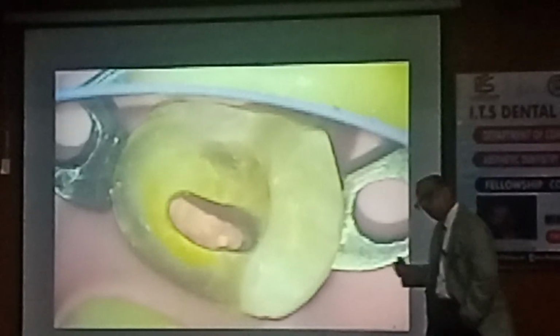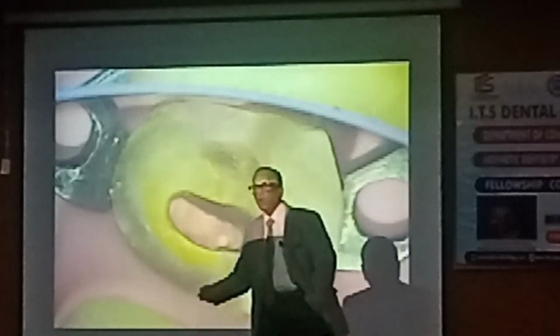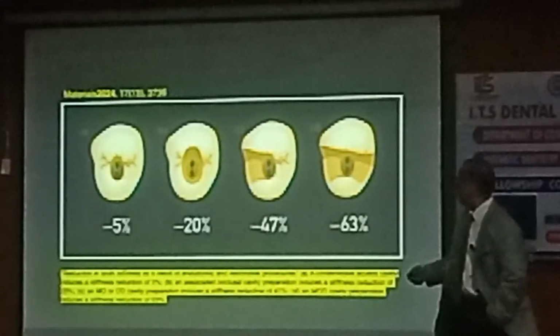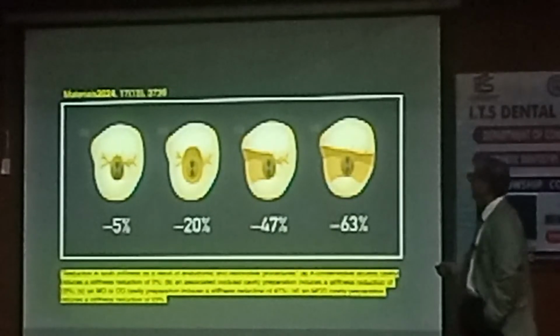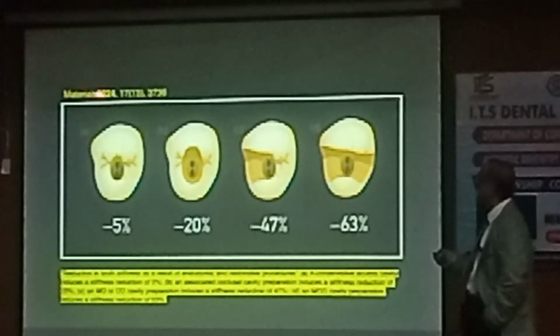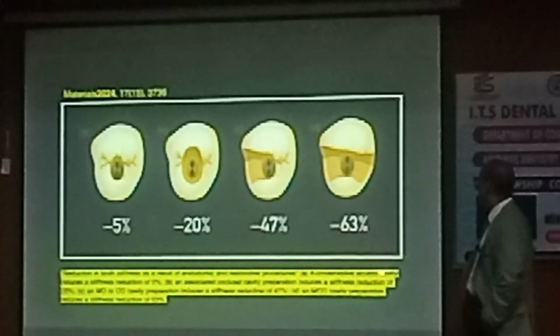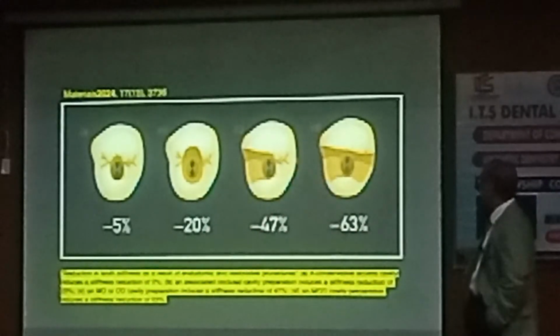Now, am I just talking off the cuff? Or do I have some evidence to prove it? If you look at this particular paper, which came in Dental Materials 2024, the reduction in tooth stiffness as a result of endodontic and restorative procedures is 5%, 20%, 47% and 63% as the cavity becomes larger.